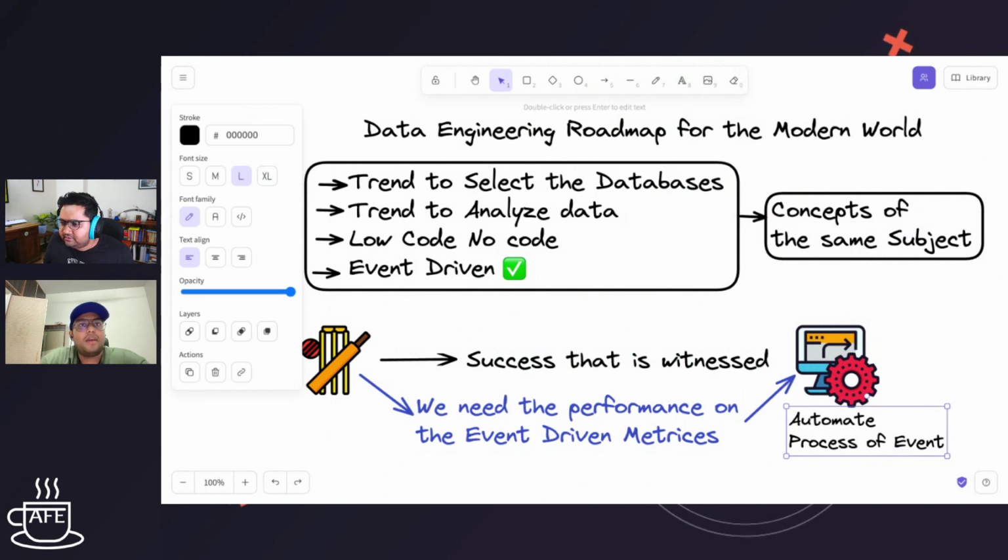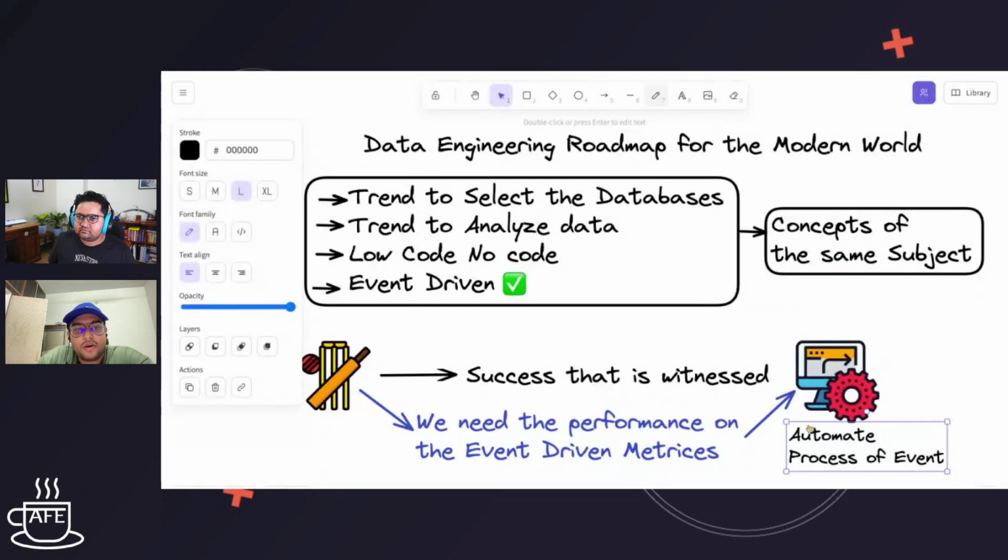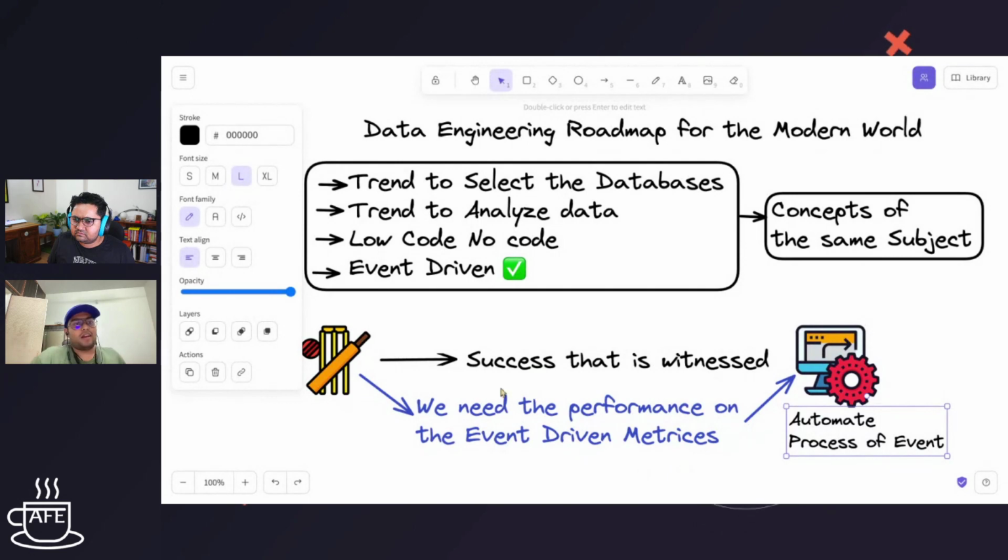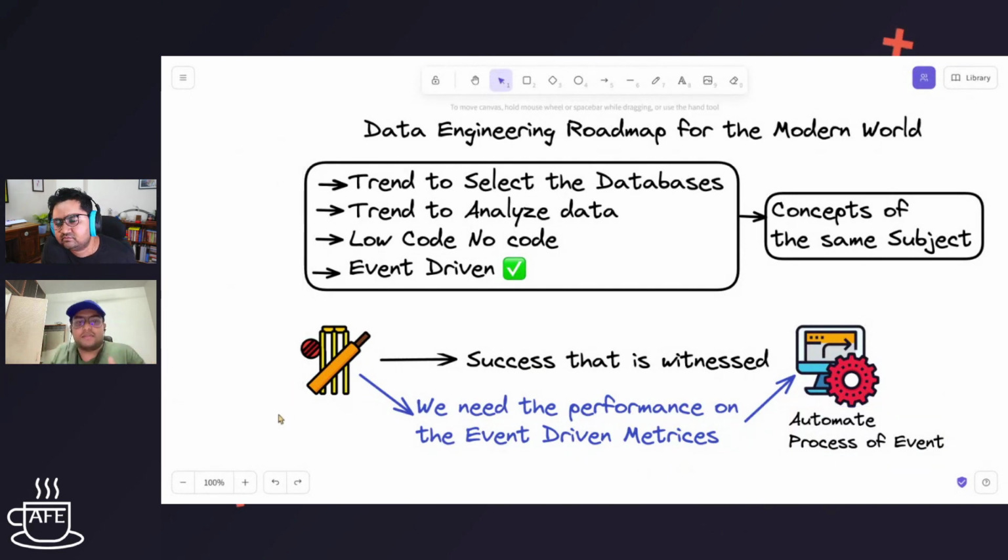Yeah, I think the whole process of being in data engineering and taking something event driven is we need the performance of an event driven matrix, and we should also learn to automate the process that is being taken care of. Automate the process of an event.